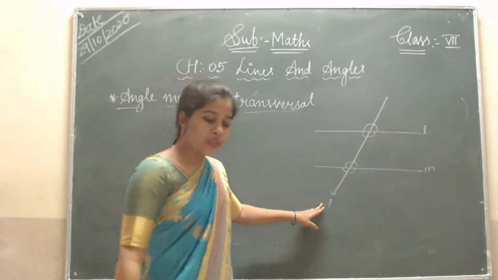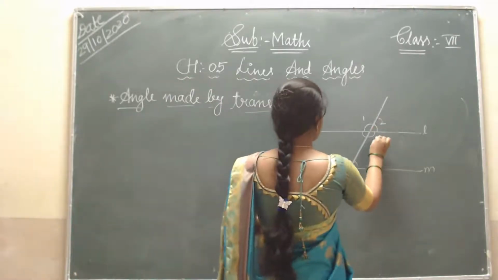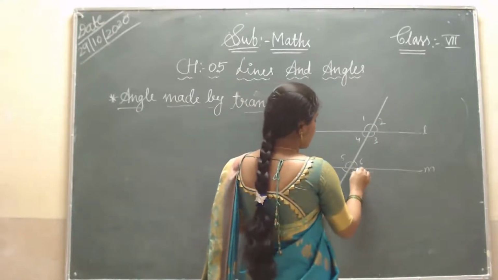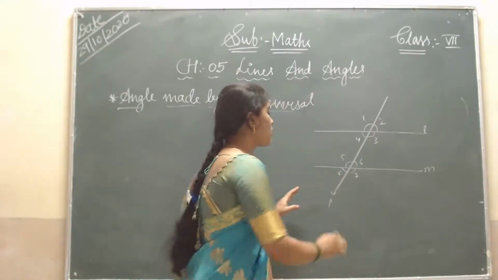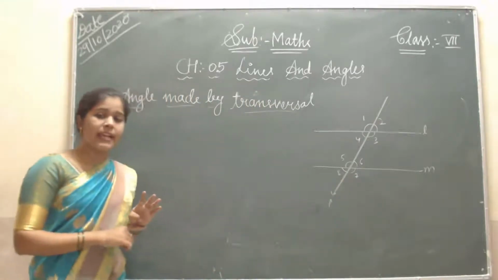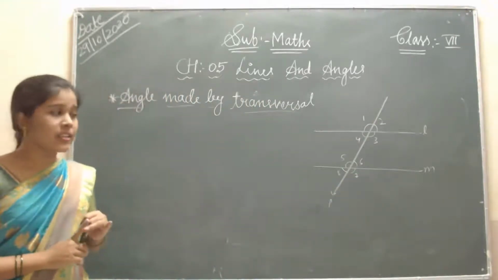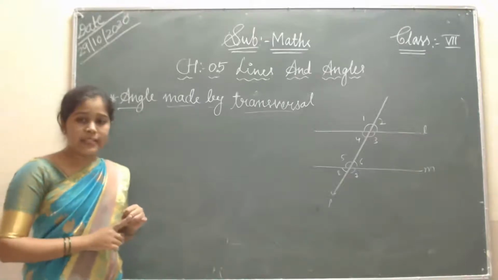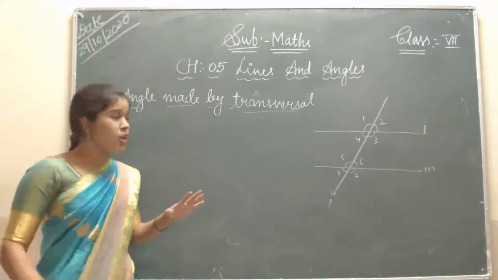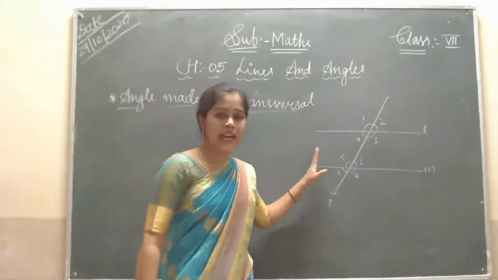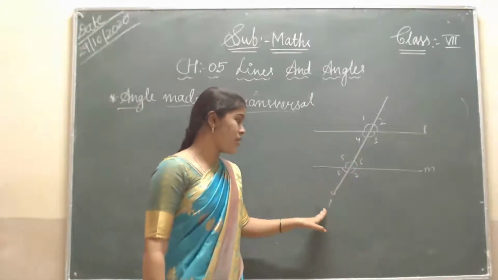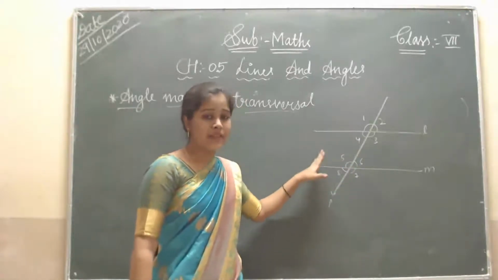We'll see which are those. 1, 2, 3, 4. Next 5, 6, 7, 8. So these are 8 angles. In this we will see vertically opposite angles, interior angles, exterior angles, adjacent angles and many angles in this figure. Okay. So here this is the transversal line. Sorry, P is passing through these two lines.